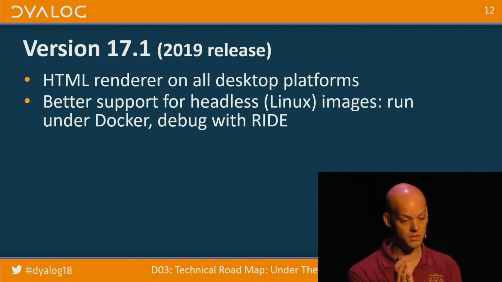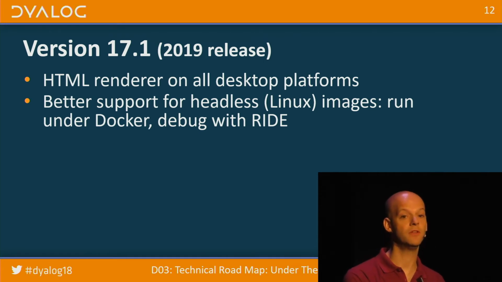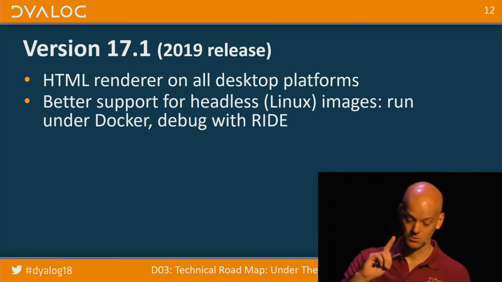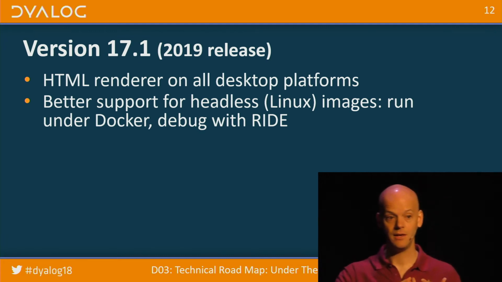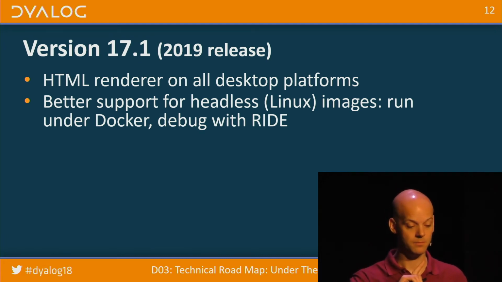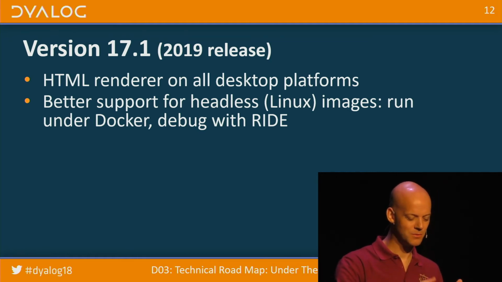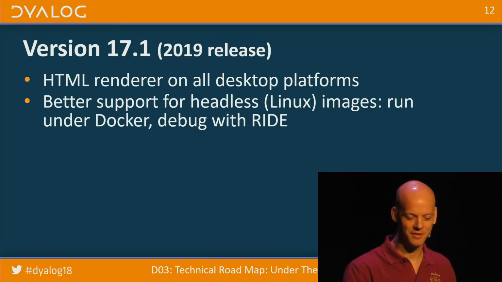Version 17.1 should have all of that sorted out so that the HTML renderer works on all of our desktop platforms, which is Windows, the Mac, Linux, and I'm not sure about Raspberry Pi, actually. Windows, Linux, and the Mac, let's say.